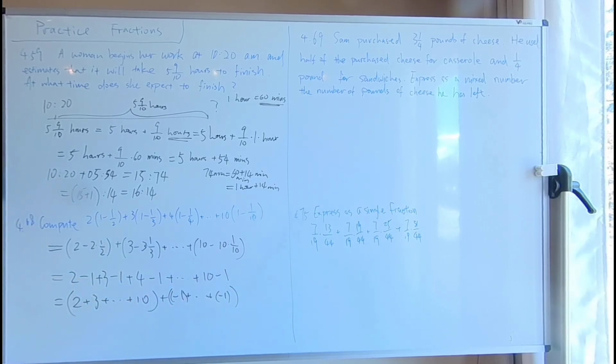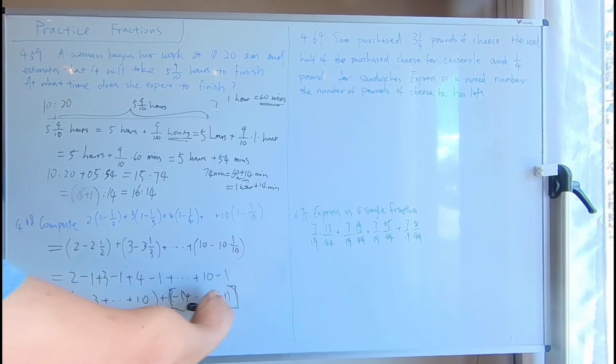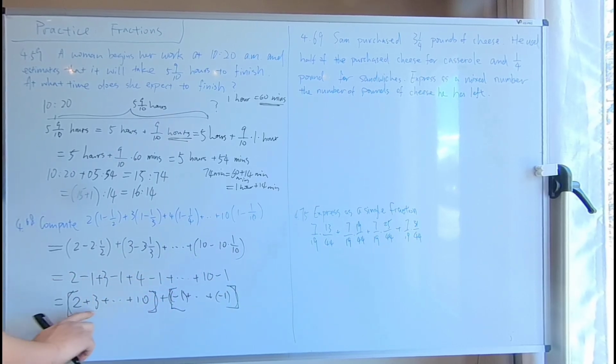So then the question is, how many terms do I have? I have equal numbers of terms in the two square brackets, but how many? Now I have 2 counted to 10. Remember what we learned in the first class in arithmetic. This means I have 10 minus 2 plus 1, which is 9 terms.